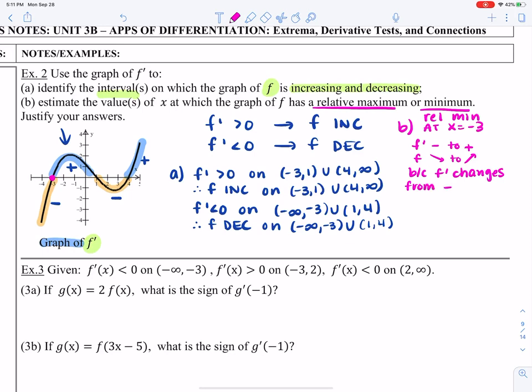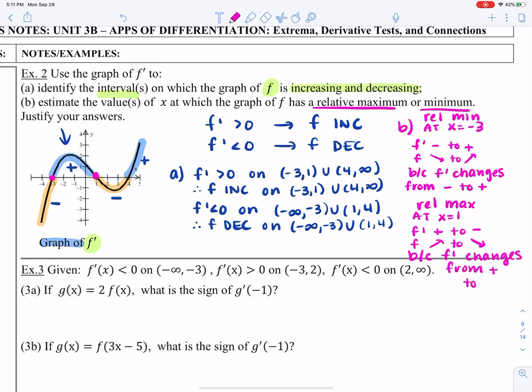So that tells me that f is going to be decreasing on the interval from -infinity to -3, and also from 1 to 4. And so remember, now I can figure out where the function is going to have a relative maximum or minimum. Now, you're not going to actually be able to find these values, but you will be able to estimate where it's going to have them.